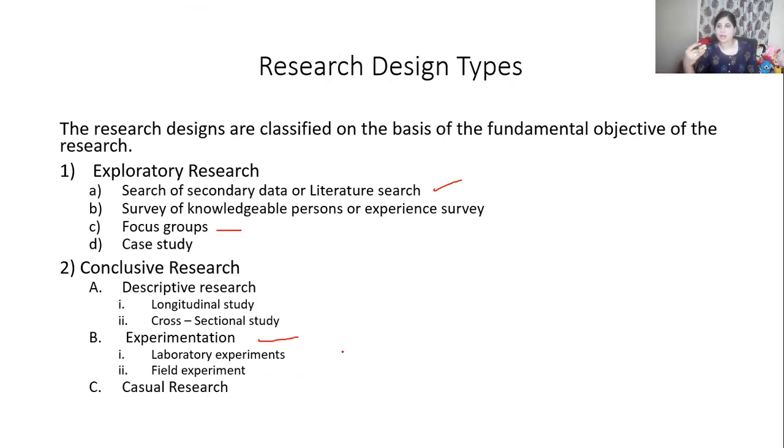Those kinds of experiments you may want to do, or if you want to do a marketing survey, then it might be a field experiment with real people, talking to customers and getting their feedback about your products. Or it can be causal research, where you understand the cause and effect relationship between the variables. So those are the different research design types you have to select according to your topic.